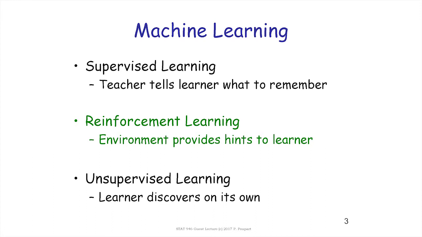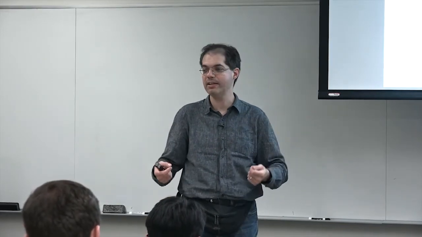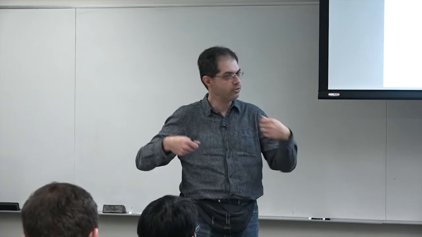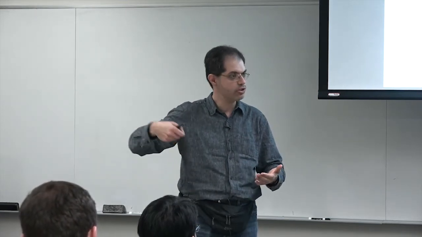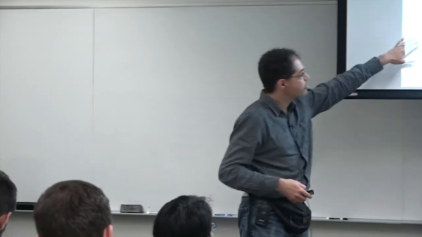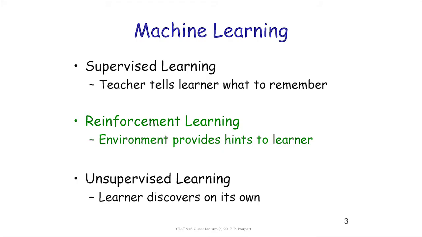What this means is that we've got a teacher that essentially tells the learner what it needs to learn, and more practically, you have some data, typically the input, and then you also have the outputs. You have both the X and the Y. Because the answer is already provided, you've got the Y, you can learn from this, and it's much easier. At the other extreme, we also have unsupervised learning, where we only have the inputs.